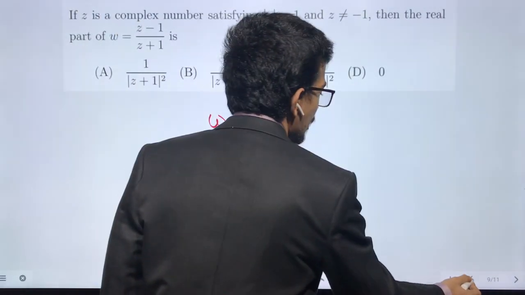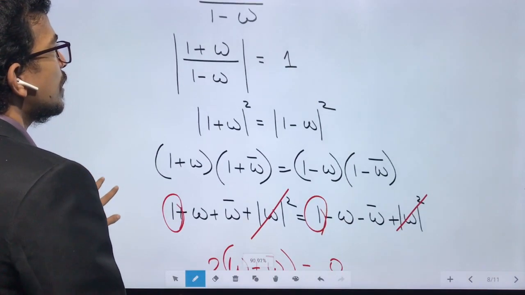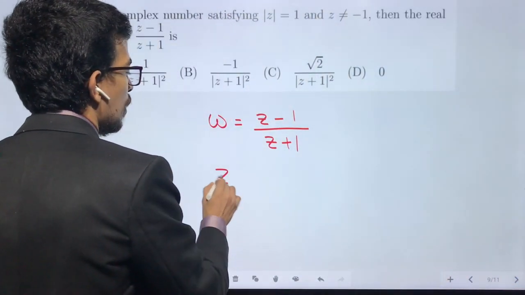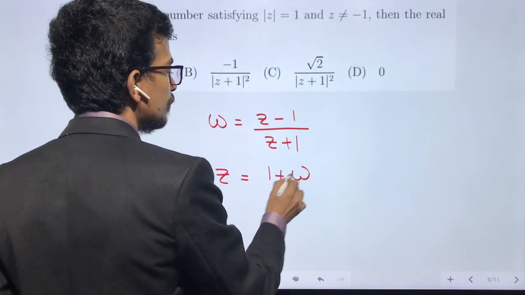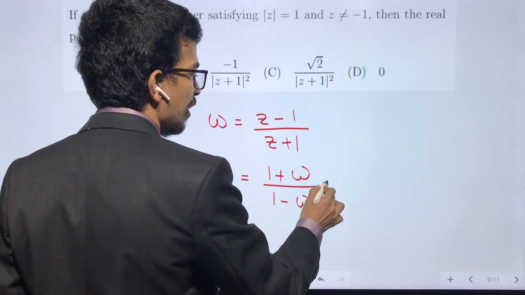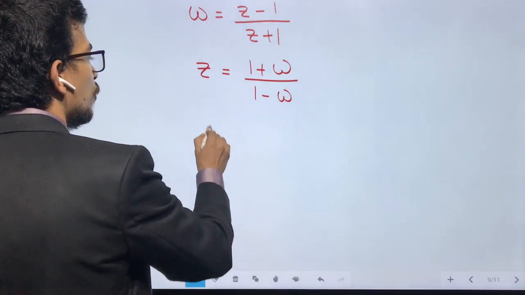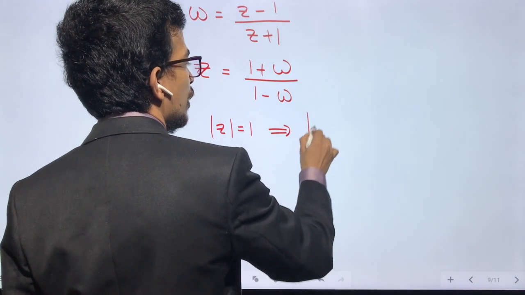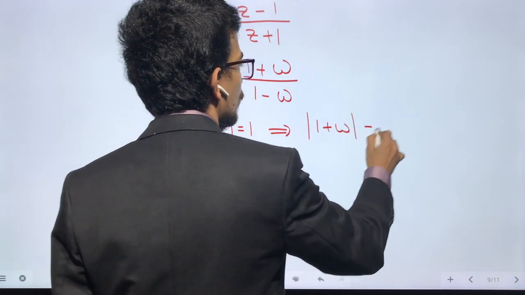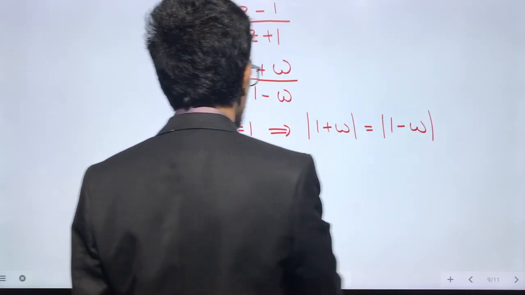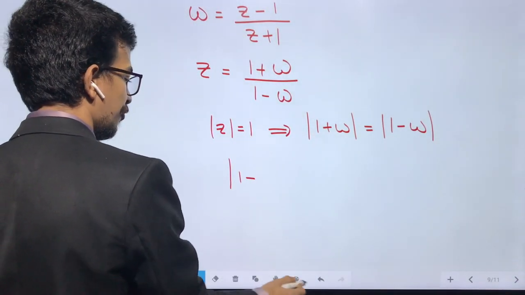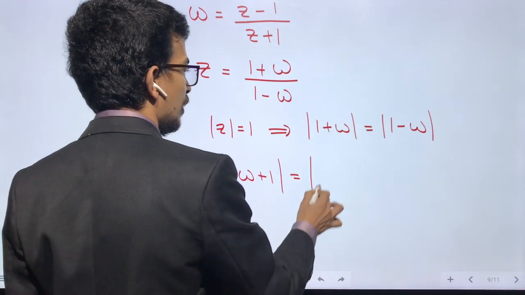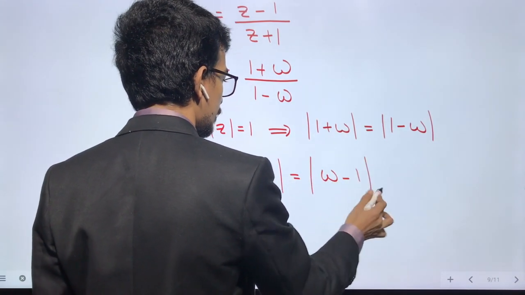We have already seen that this can be written as z is equal to (1 plus omega) by (1 minus omega), and we have mod z is equal to 1. So this is going to be modulus of 1 plus omega is equal to modulus of 1 minus omega, or rather it is modulus of omega plus 1 is equal to modulus of omega minus 1.